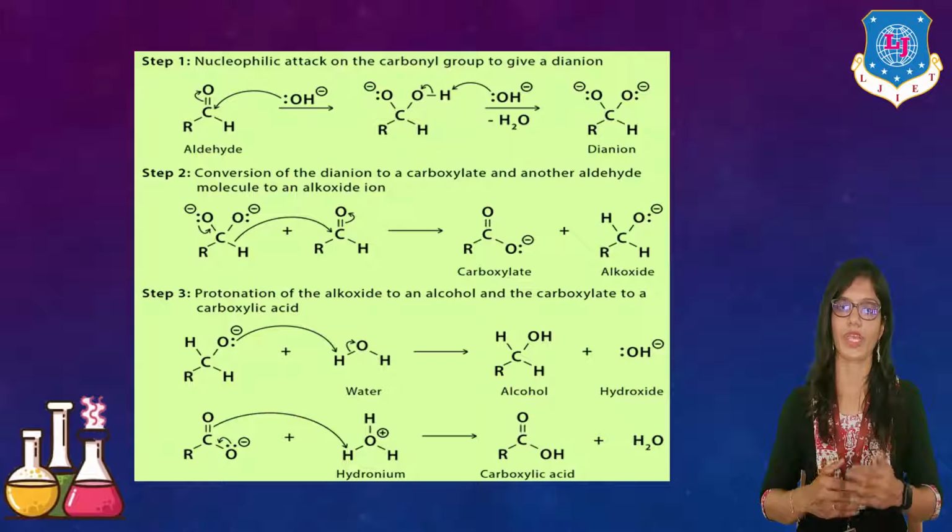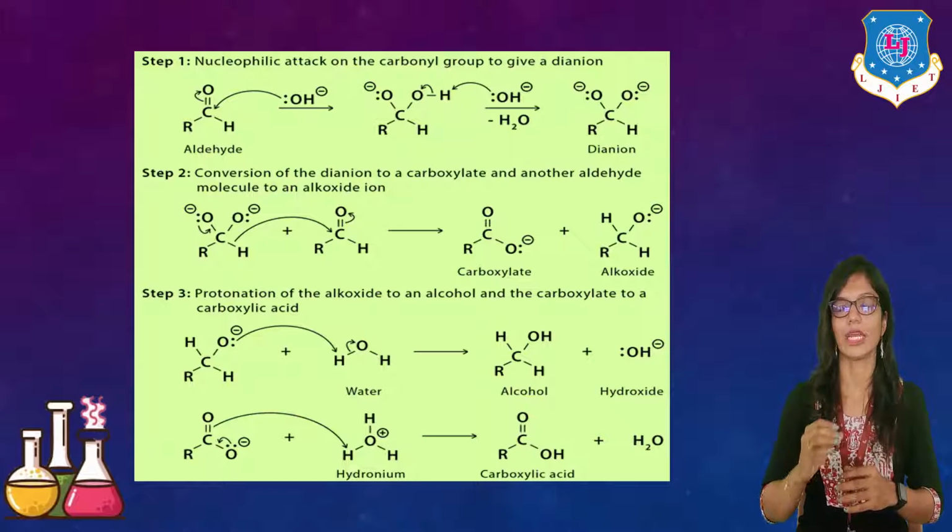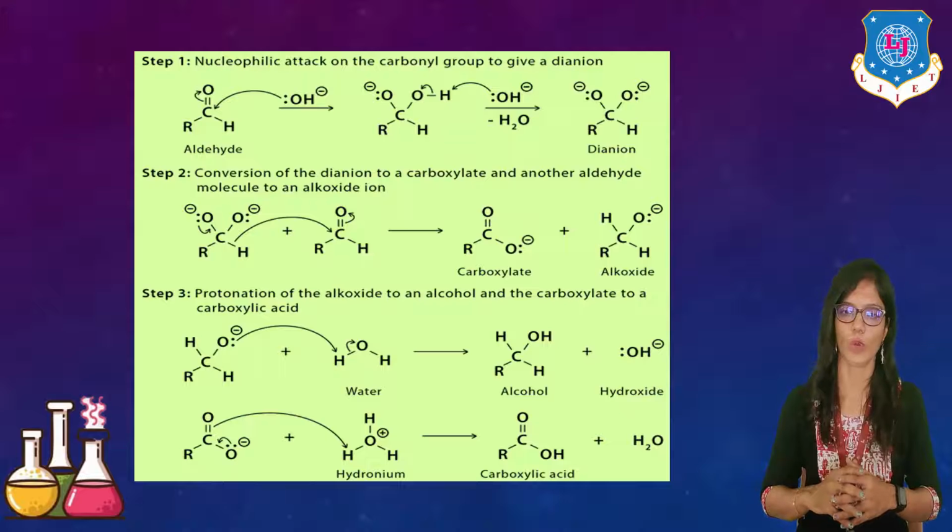In the second step, the conversion of the dianion to a carboxylate and another aldehyde molecule to an alkoxide ion is done. Here the dianion will react with one molecule of an aldehyde-containing compound, which basically gives you the carboxylate, RCOO minus, plus the alkoxide.